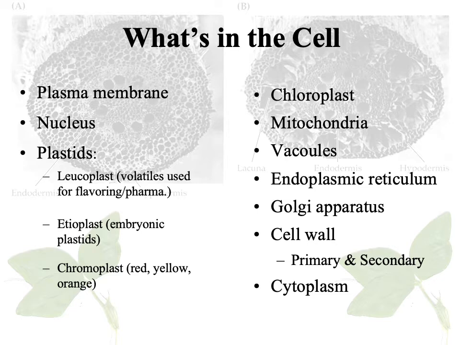Plastids are bags, if you will, or sacs within a cell that hold different things. Leucoplasts hold volatiles that are used in flavoring or in pharmaceuticals. So if you smell a nice flavor in a food flavoring, it might be coming from the sac inside of a cell. Etioplasts are for embryonic plastids.